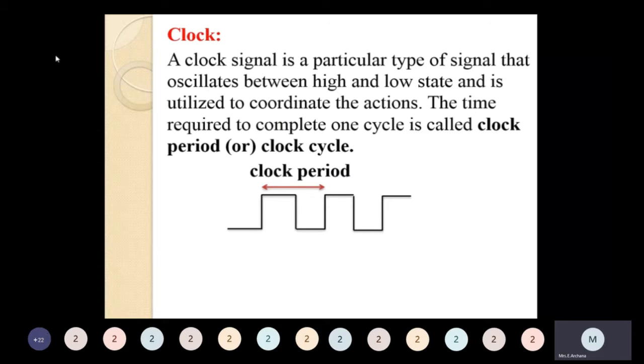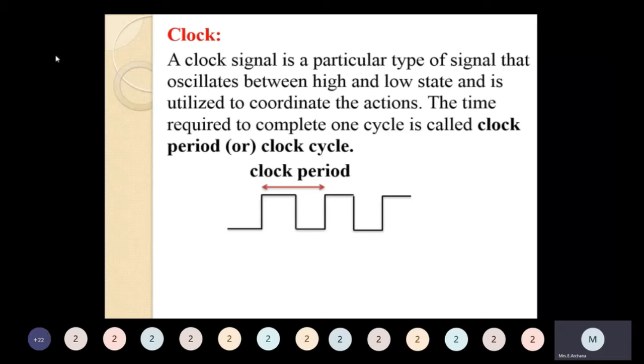Clock, what is meant by a clock? A clock signal is a particular type of signal that oscillates between high and low states, and it is utilized to coordinate actions. It is a signal that moves from high to low.